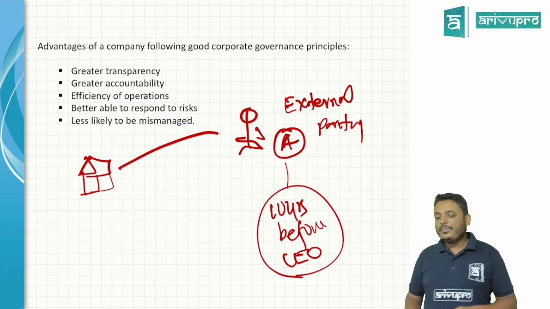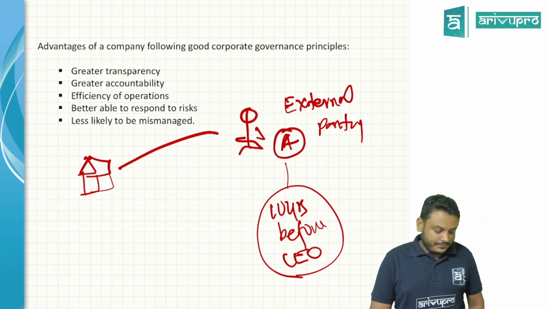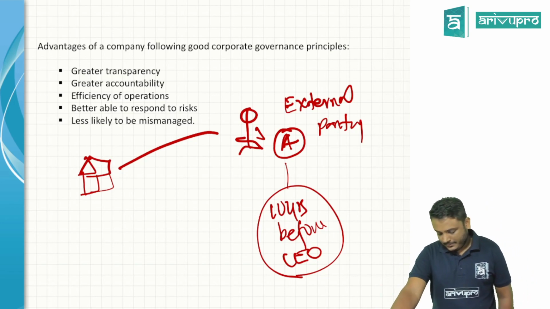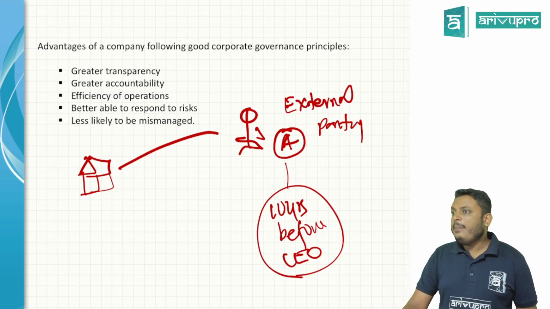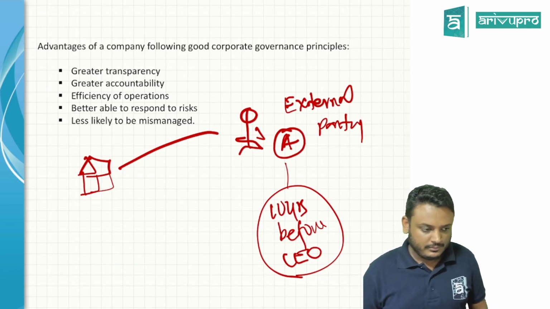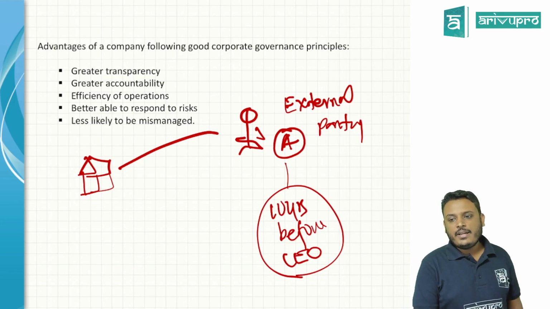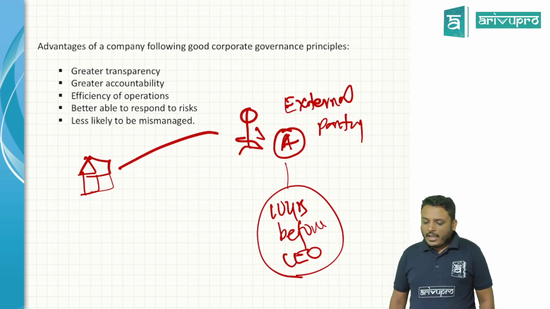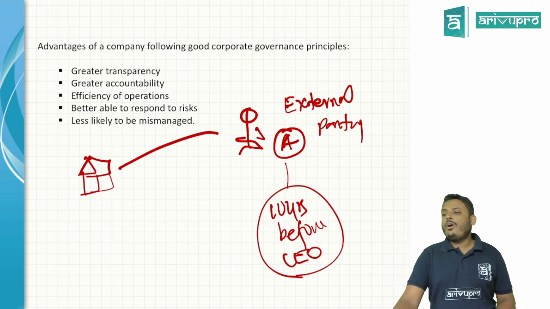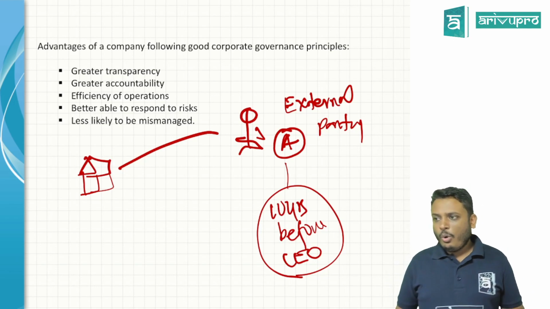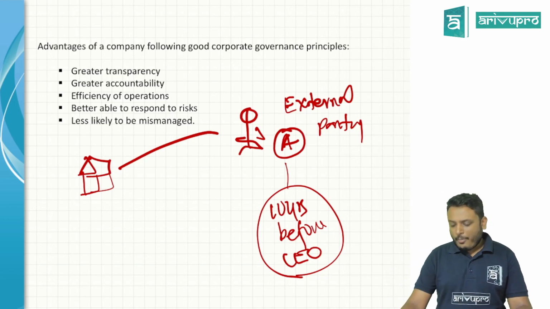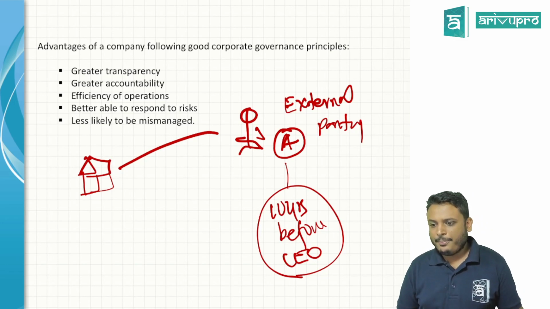Right. Next point. Corporate governance can be implemented in the form of rule or in the form of principle.